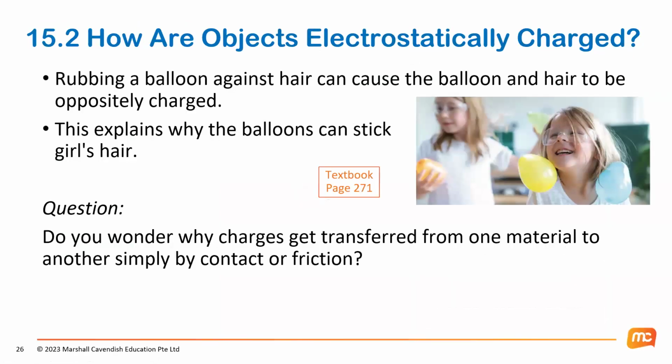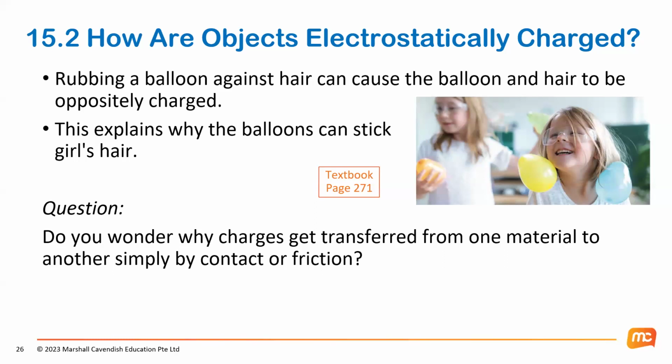So you can read this, rubbing a balloon against hair. In this case, we have two insulators. The balloon, which is rubber, is an insulator, and your hair is also an insulator. When you rub these two things together, you are causing the balloon and the hair to be charged.